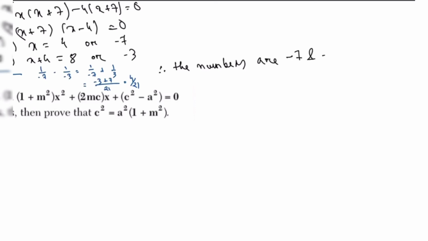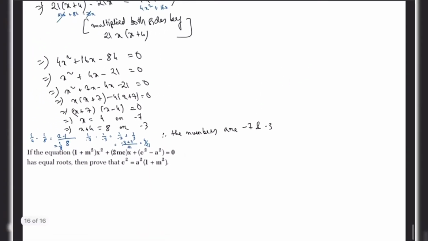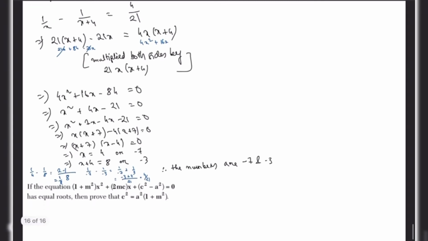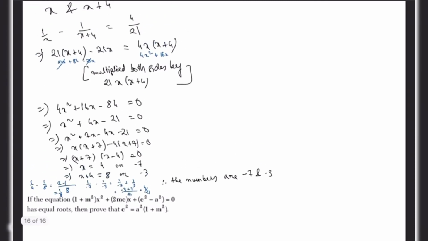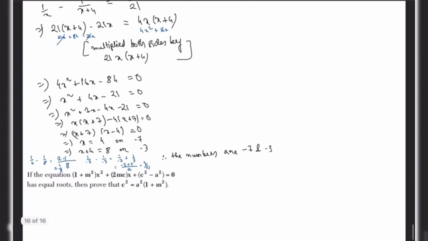We have to say that the numbers are minus 7 and minus 3. Okay. So no problems with that.